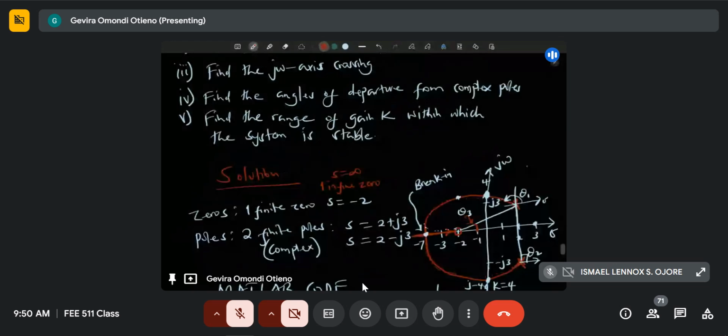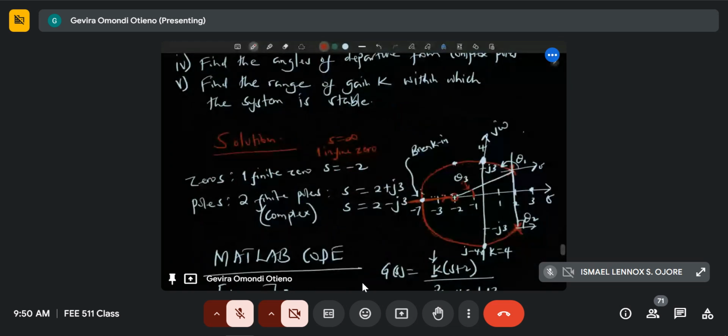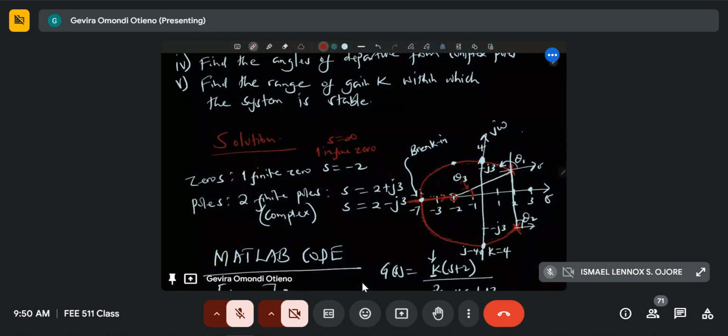We know that all poles must depart and terminate at a zero. They can go through a break-in point or whatever, but they must terminate at a zero. So our interest is what is the angle of departure. Where they're going after that is not a problem.